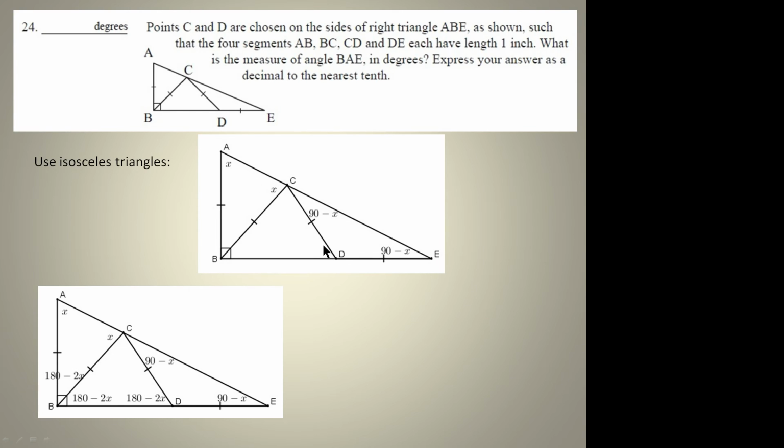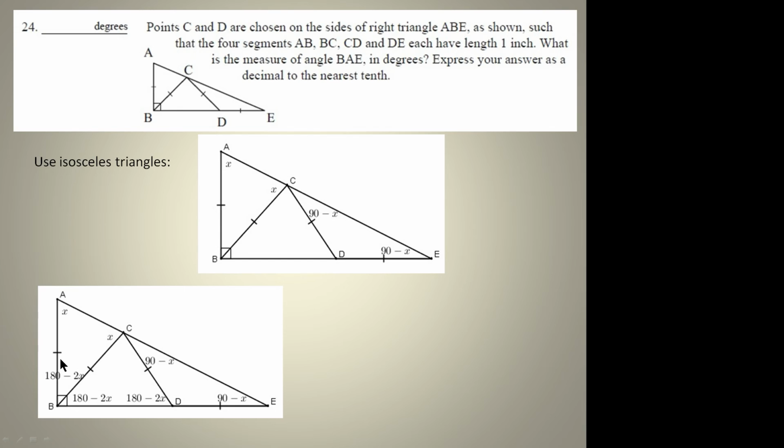So this angle is the sum of those two angles: 90 minus x plus 90 minus x is 180 minus 2x. Then look at here. They are the same, so that's also an isosceles triangle. So this angle is also 180 minus 2x. So if we assume the answer is x, we find this angle is 180 minus 2x. How about this angle?